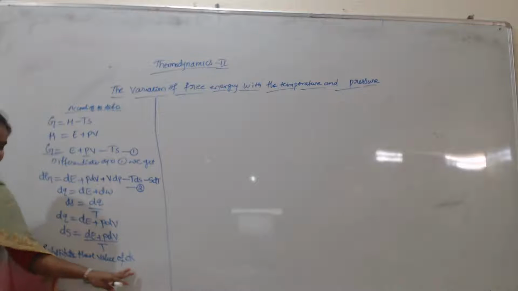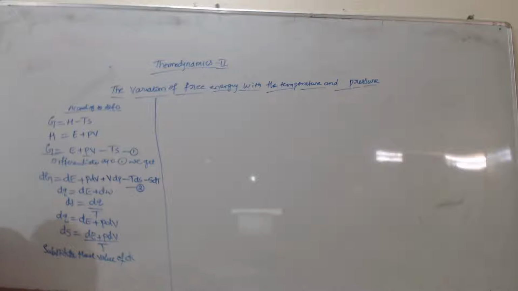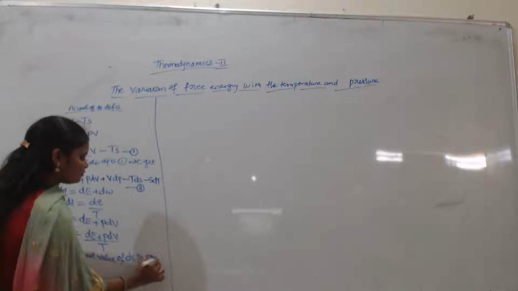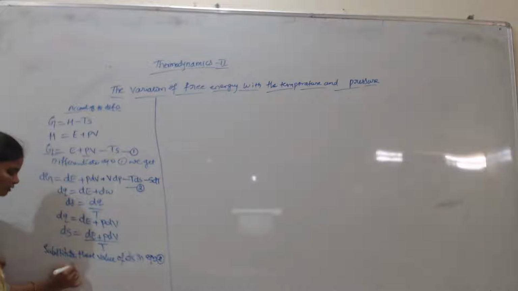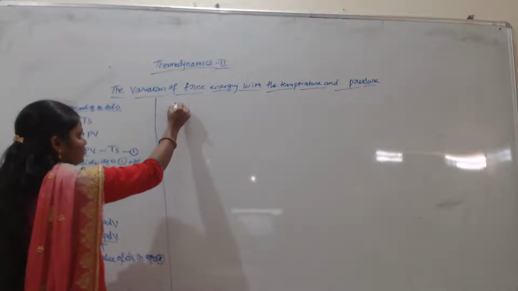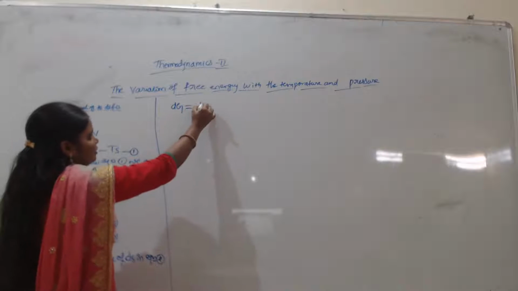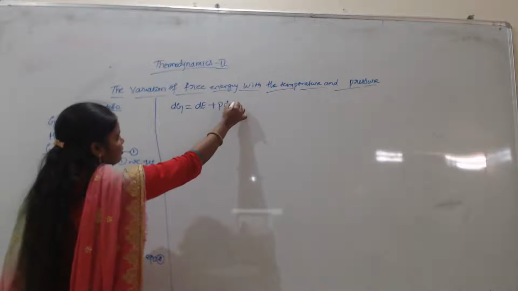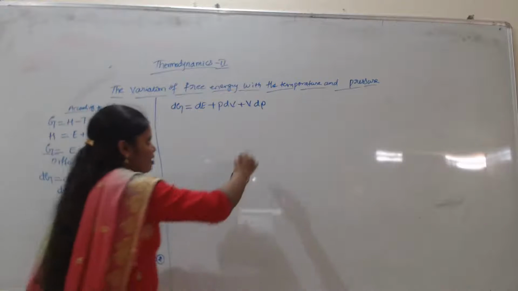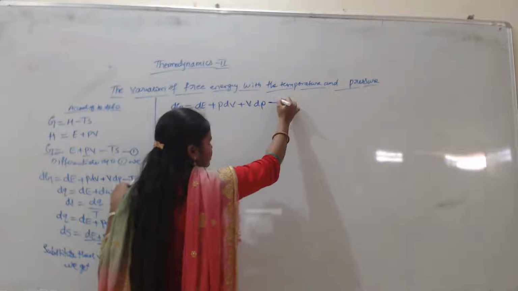We substitute this value of dS in equation 2. So dG is equal to dE plus P dV plus V dP minus T into dS.